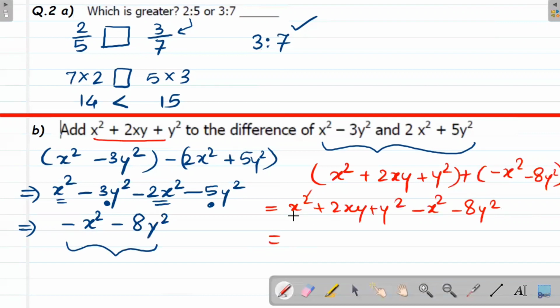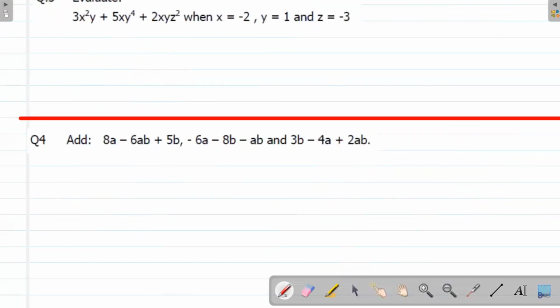So this x square will cancel, and this y square and minus 8y square. Y square is not having coefficient, means always 1 is there. So 1 minus 8, that is minus 7. So this will be minus 7y square. So this is your final answer. So from the difference of these two, we have added this much, and ultimately final answer will be 2xy minus 7y square.